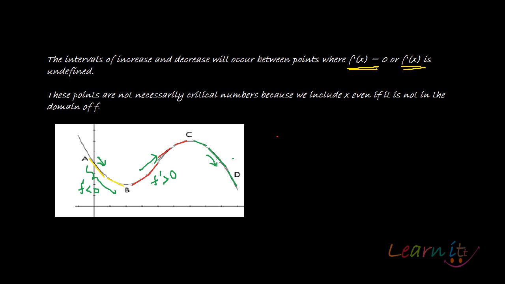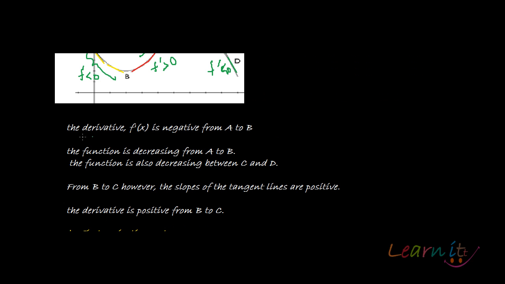And again, between c and d, the slopes are negative, and you see that the function is decreasing. So in short, the derivative f dash x is negative from a to b, and the function is decreasing, and the same is happening between c and d. From b to c, the slopes are positive and the function is increasing. So that is how you look at a curve where it is increasing or decreasing, and that gives you the shape of the curve.